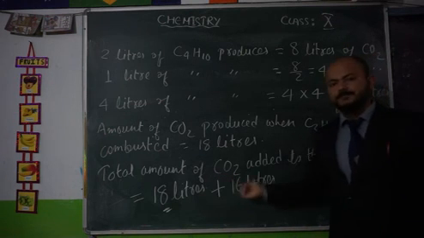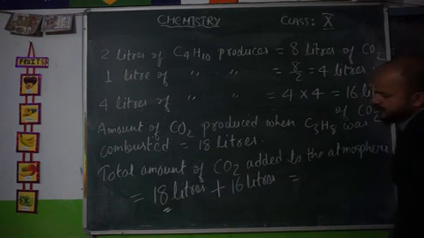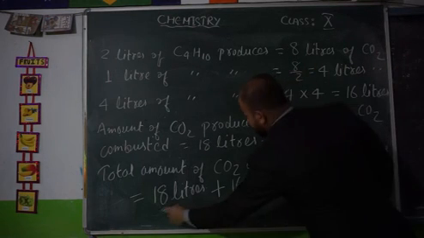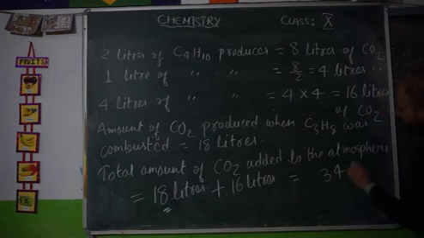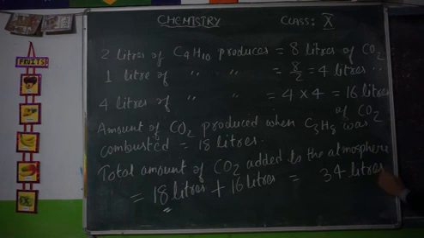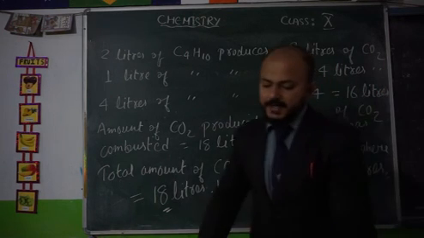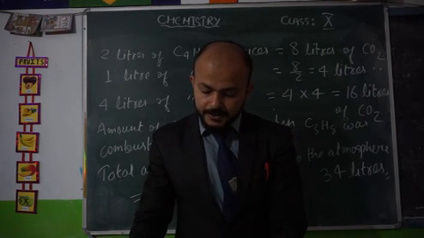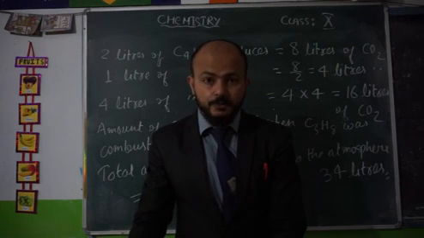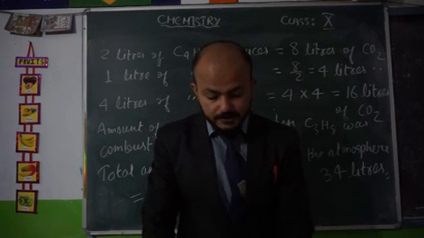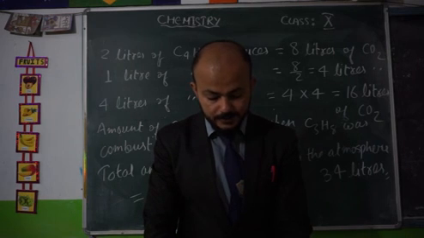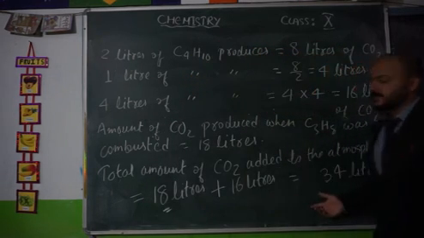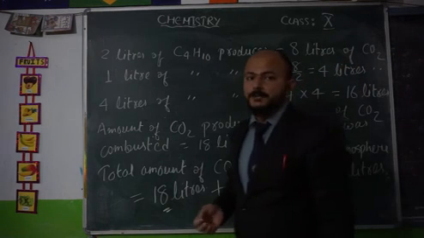So you can add them. Once you add it, you get 34 liters. So the total amount of carbon dioxide that is added to the atmosphere when this 10 liters of butane and propane is burnt is 34 liters. So this is how we solve these problems based on mole concept.